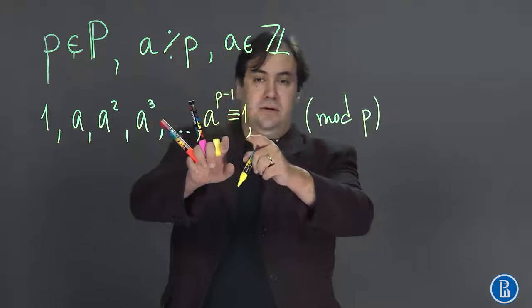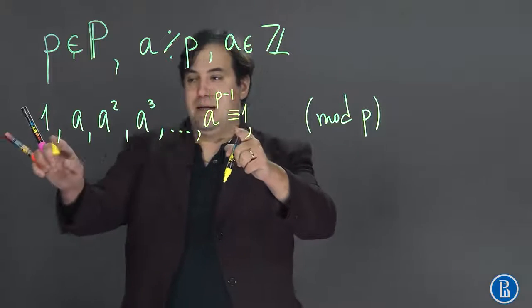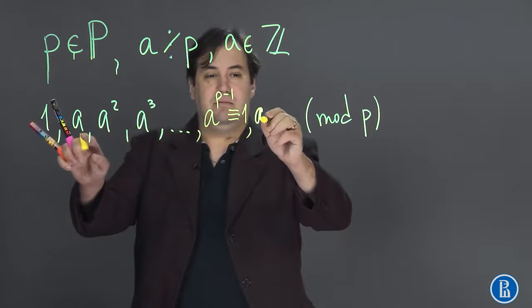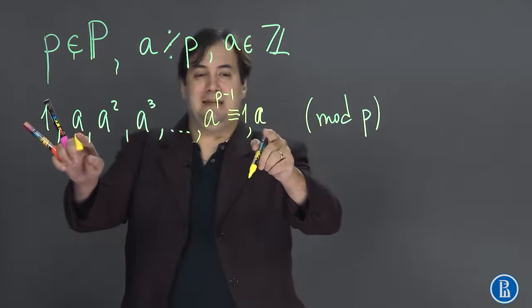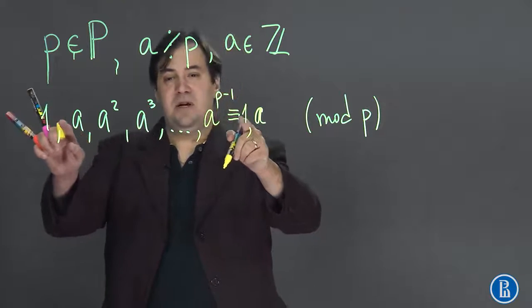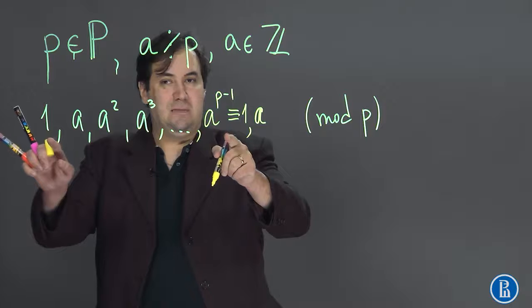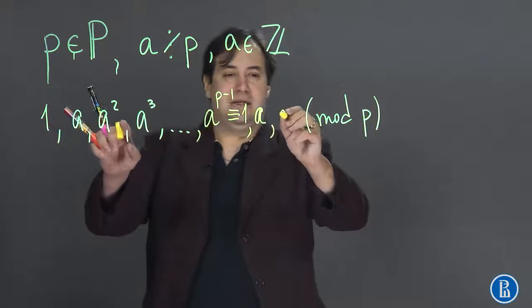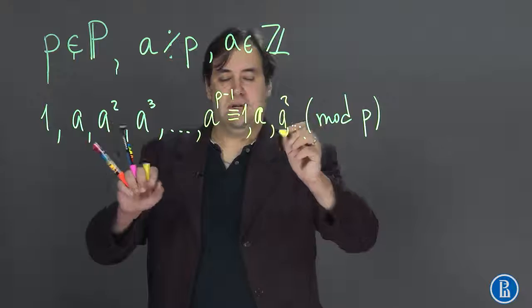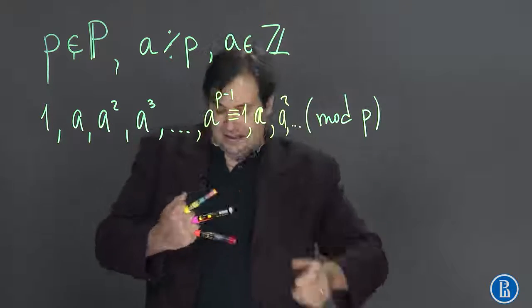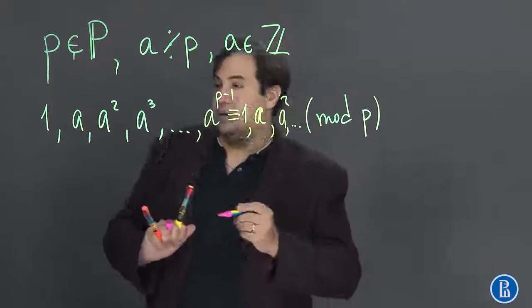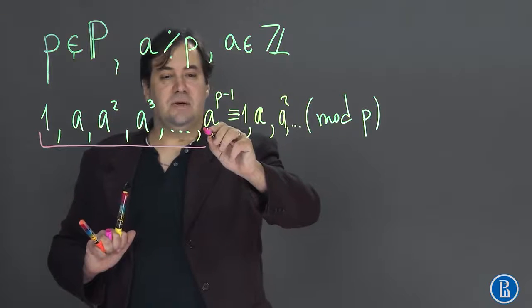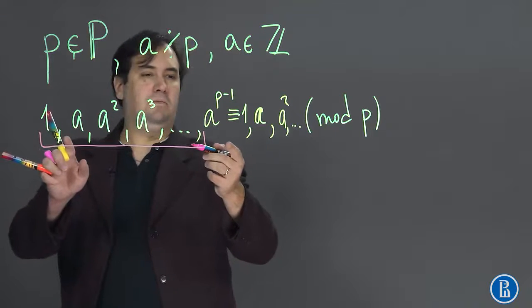And after we have 1, then the next element of the sequence will be A, because the next element is obtained from the previous element by multiplying by A. So A, and then A square, and so on. So at least it is cyclic with length of the period equal to P minus 1.